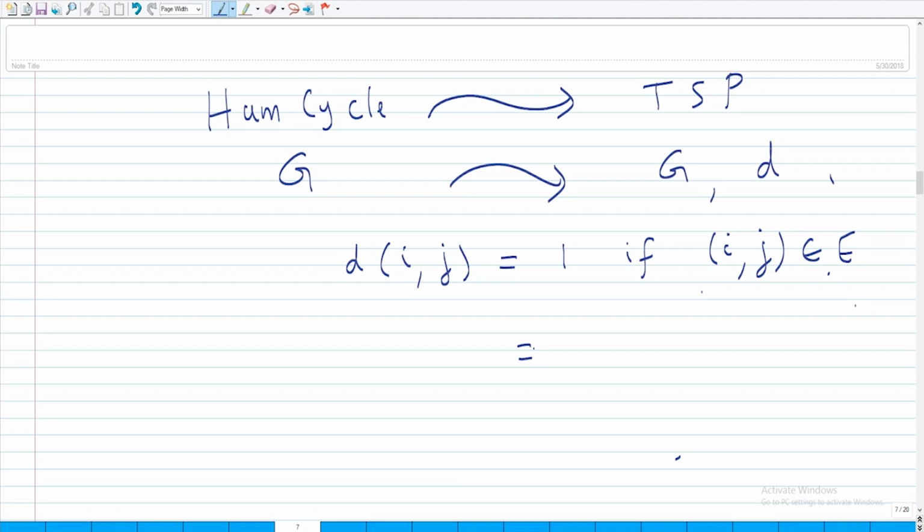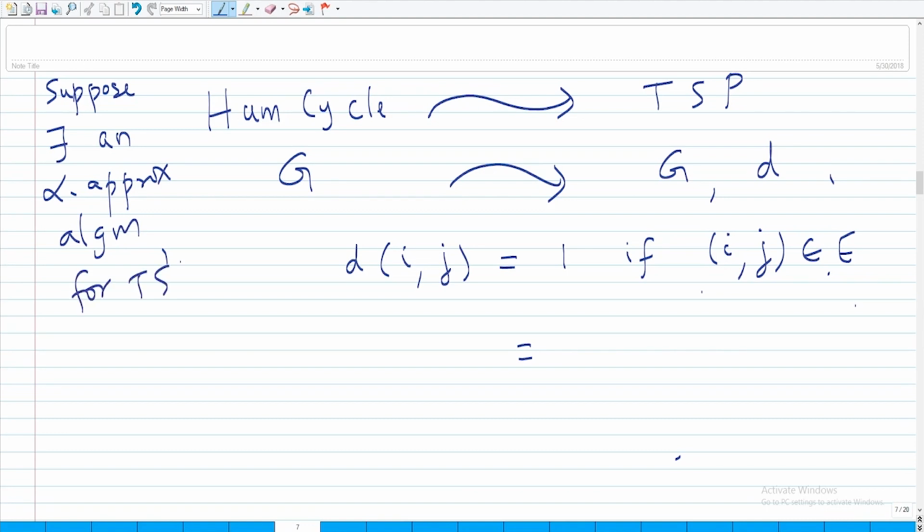Now, I am not going to use 2 because now I want to use an approximation algorithm to get something, right. Suppose we assume an alpha approximate algorithm for TSP, not an exact algorithm, but some approximation algorithm I have, right.